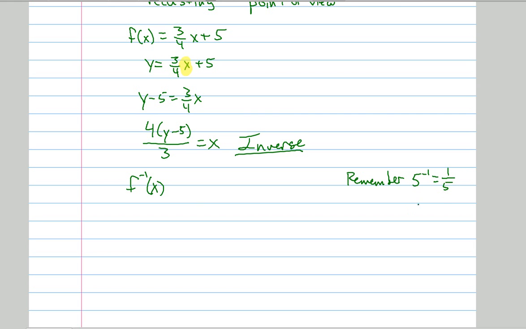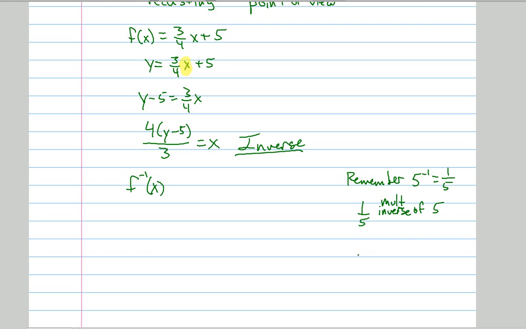Well, think about that for a minute. 1/5 is the multiplicative inverse of 5. 5 times 1/5 gives me the identity of 1 under multiplication.